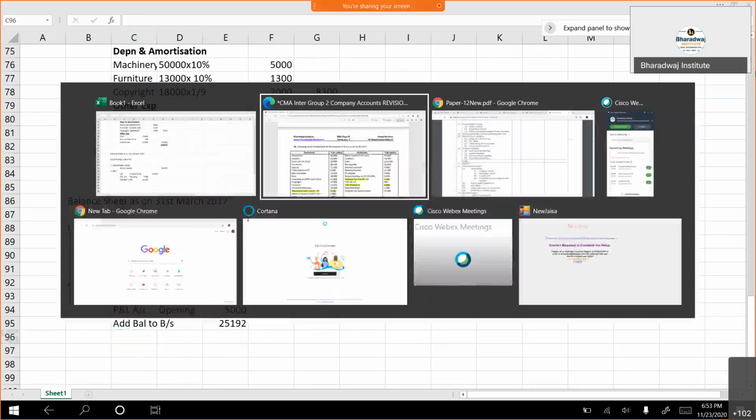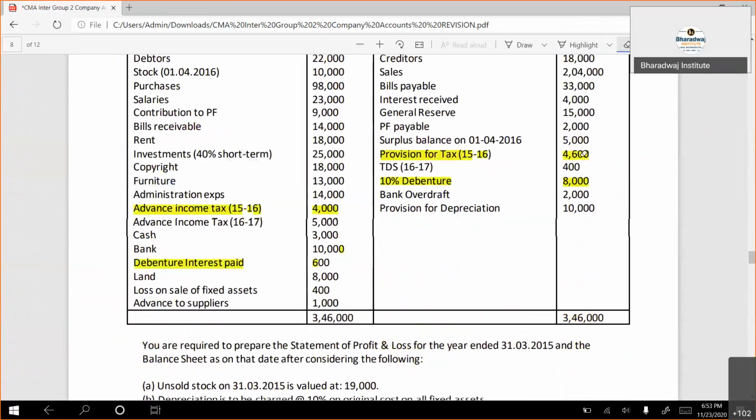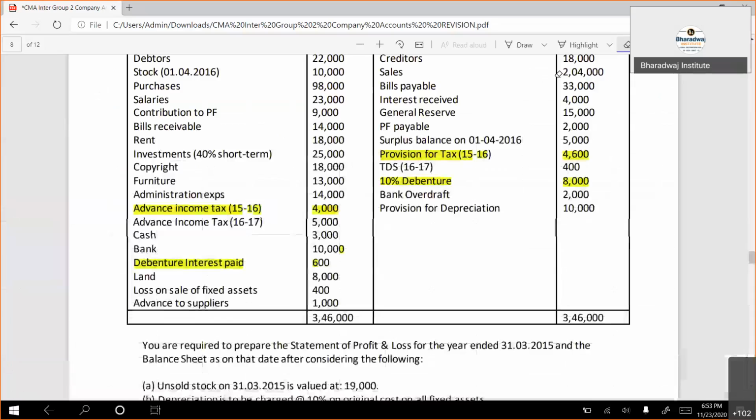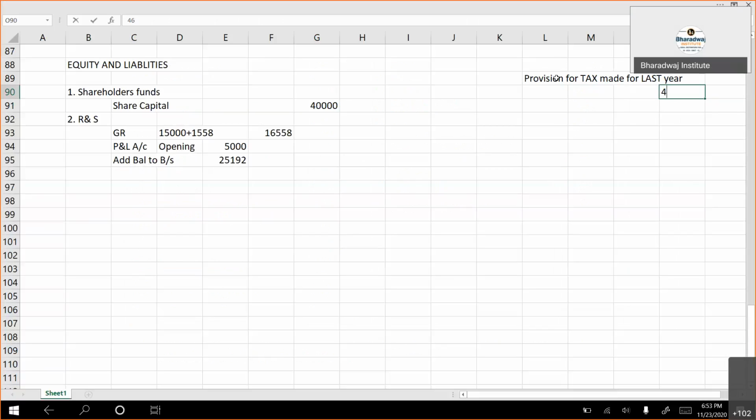Then, most important adjustment, please look at. There is a provision for tax at the beginning of the year, 4,600. What is the provision for tax made for the last year? 4,600.